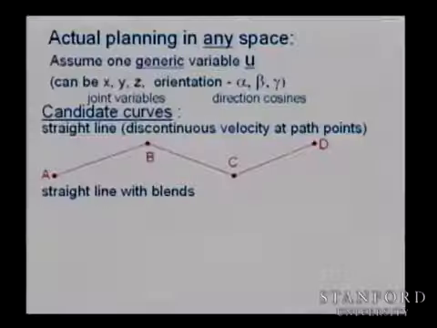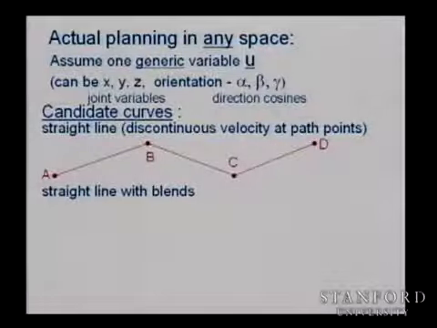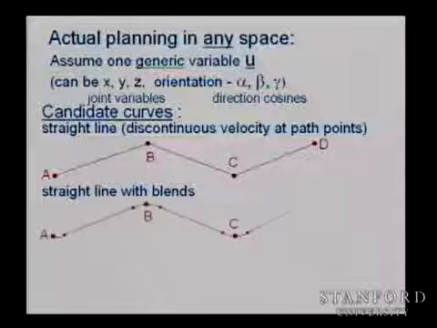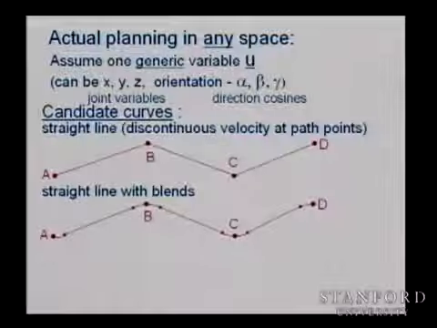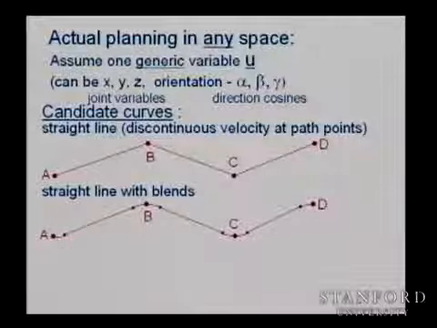So what do we do? We do straight lines with blends at those intermediate points. We start, and usually again we have time to accelerate on the robot. It doesn't just start from scratch.